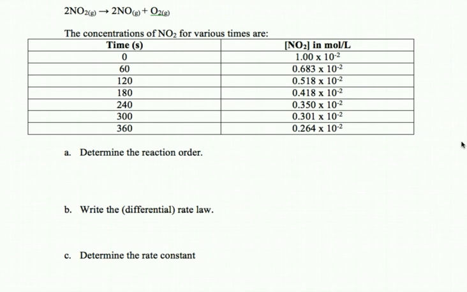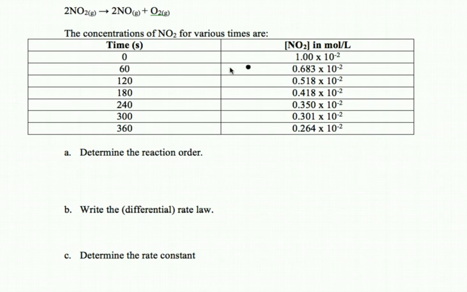In this case, we have time and concentration data. So when it says determine the reaction order, it's a challenge in this case because they're giving us only concentration. But remember, depending on what the straight line gives us, that determines the reaction order. So what I would typically do is look at the difference here.